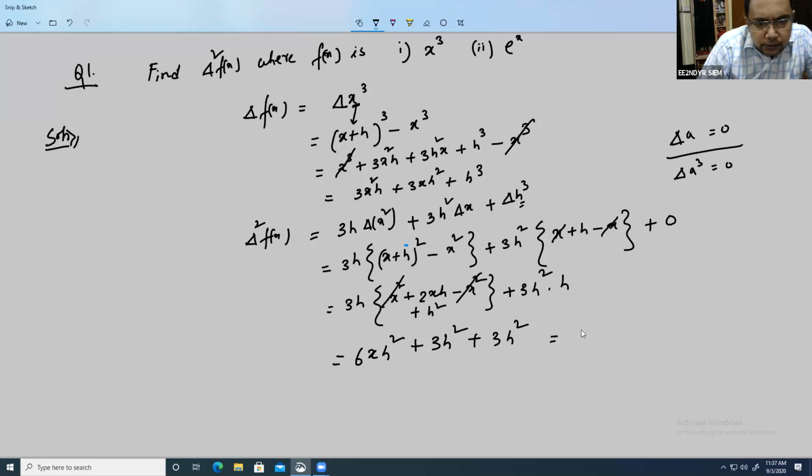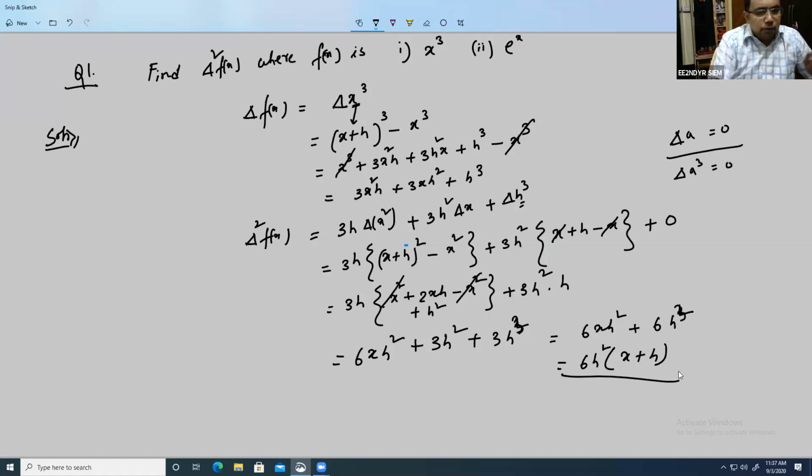So altogether this is 6xh square plus 6h square. So I can take common 6h. Sorry, this will be cube, not square. So I can take common 6h square into x plus h. So this is the first problem.